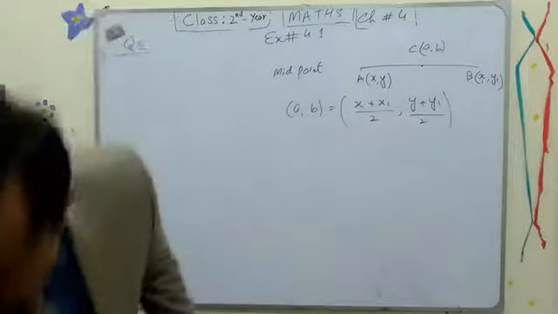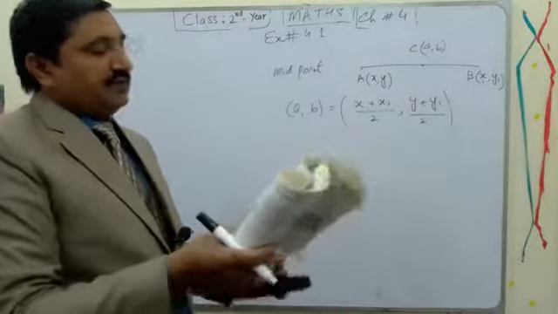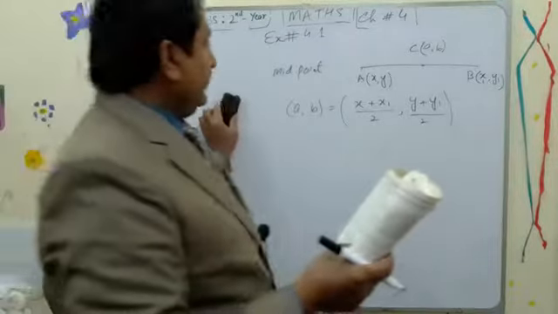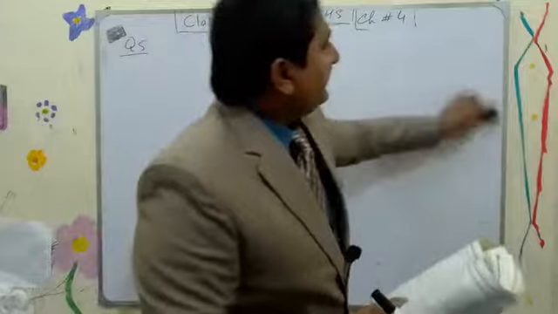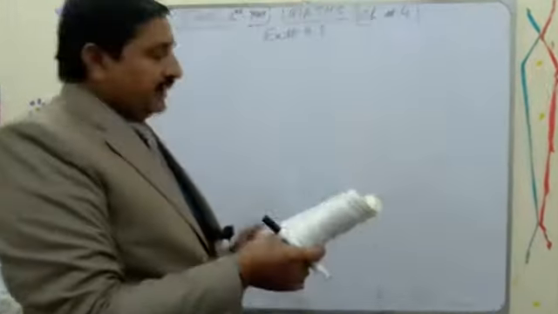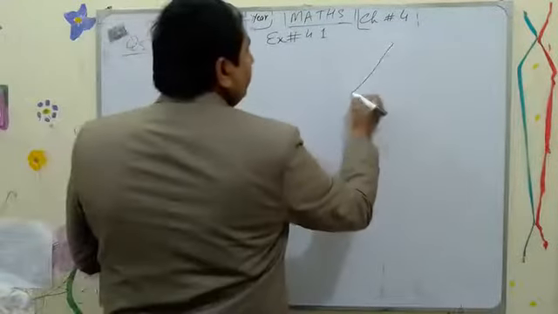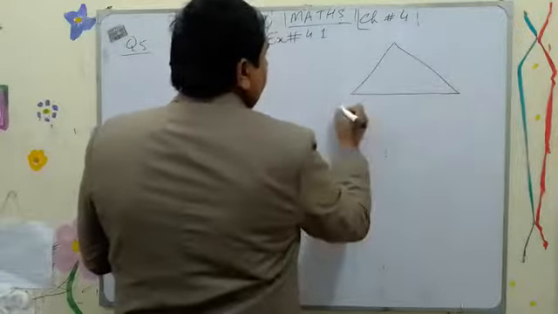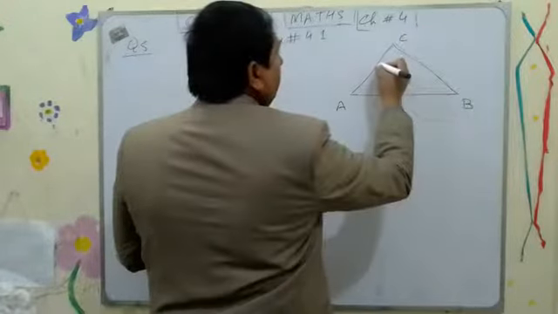Let's do question number 5. What is in question number 5? The question says that the midpoints of the sides of a triangle are given. Let's suppose that we have a triangle ABC.